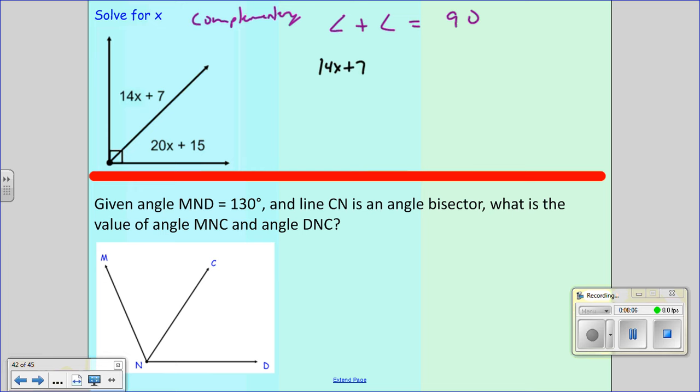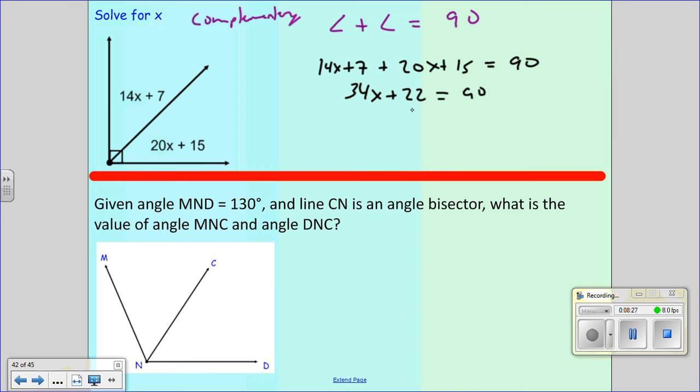(14x plus 7 plus 20x plus 15) is going to equal 90 degrees. 14x and 20x together make 34x. 7 and 15 together make 22. And it's equal to 90.